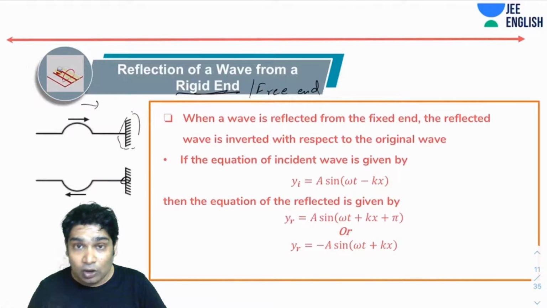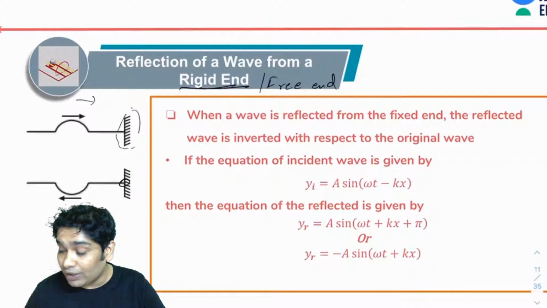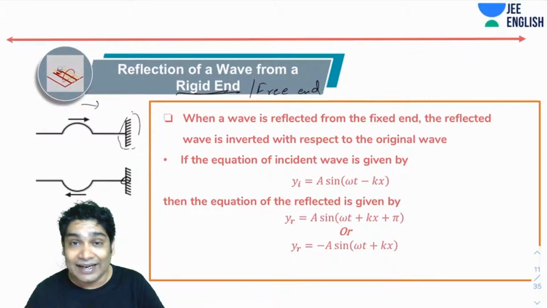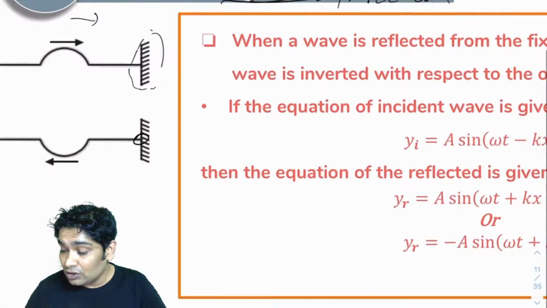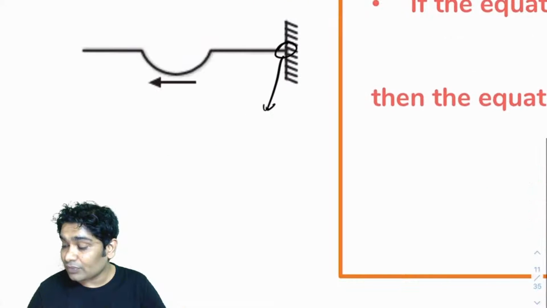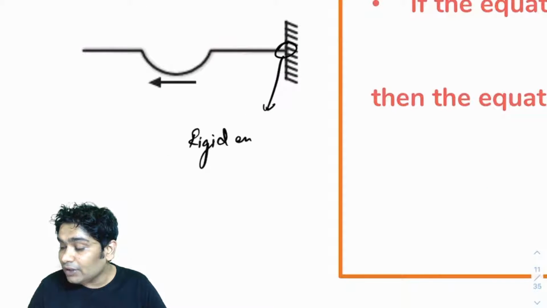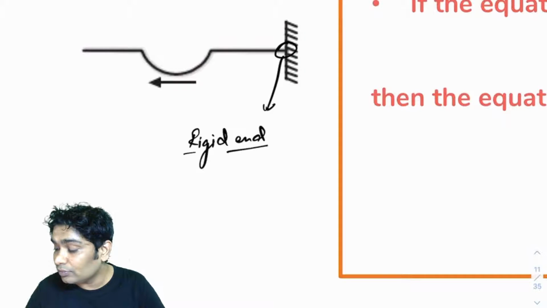If the point of the boundary is not free to move, such an end is called a rigid end. This boundary point is not free to move.